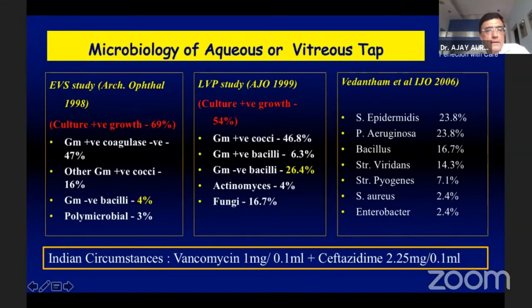We should realize that in Indian circumstances, there's a higher incidence of gram-negative bacilli as compared to what was reported with the EVS. And we must always remember that we have to have one gram-positive antibiotic and one gram-negative antibiotic for the intravitreal injection.